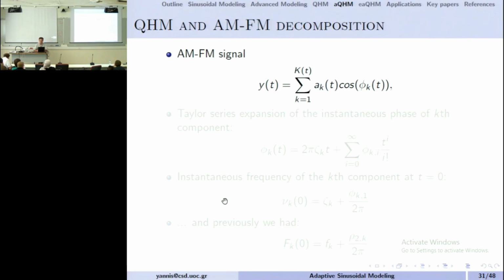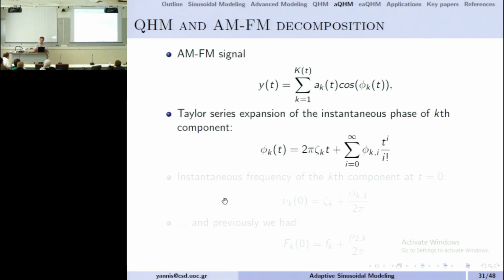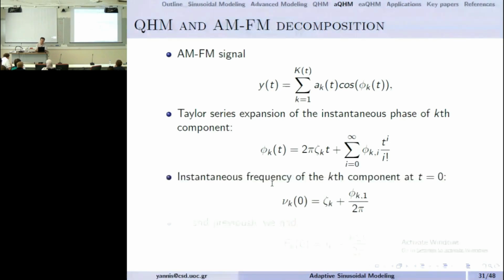And then we show also, by saying, okay, this is a standard AM-FM model, we make another Taylor series expansion of this assumed phase. And this is what we get from the Taylor series expansion of this function. So if we consider the instantaneous frequency of the kth component, at the center of our analysis window, where t equals 0, then we get this one.